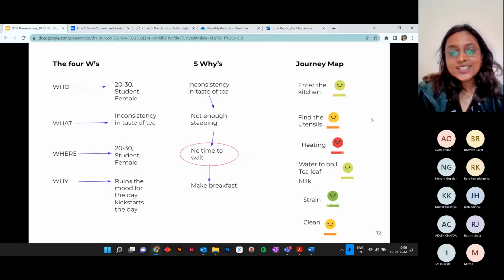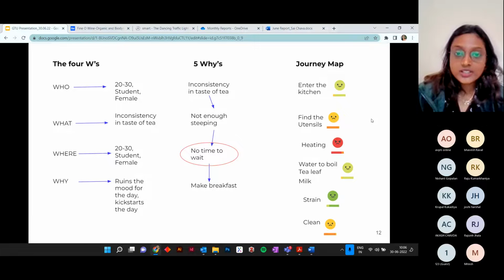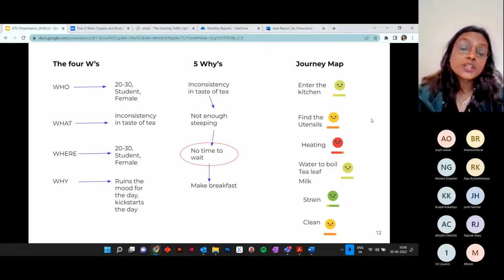After I find the utensil, most of the hobs here are electric or induction. They take a lot of time to heat up, and that irritates me the most. I'm just waiting for the stuff to heat up, and it's really irritating. That's why there's an angry emoji over there.